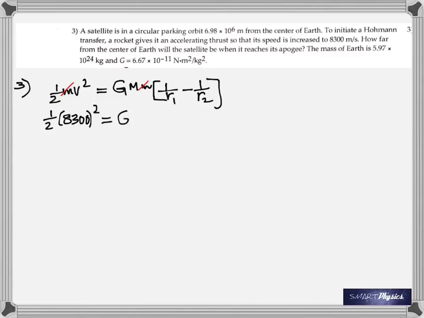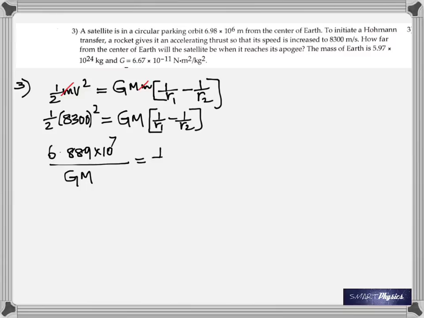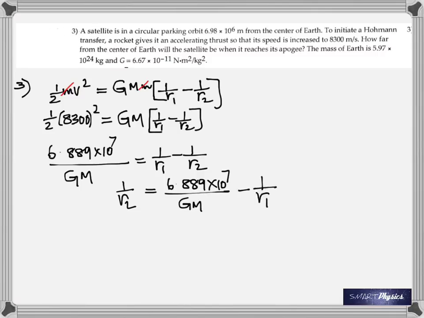Now substitute what's given. The velocity is given, 8,300. And then that's the number that you get on the left-hand side. Rearrange it. I've taken G times M to the denominator. We're looking for R2, so I'm trying to make that the subject. There is some calculation involved.